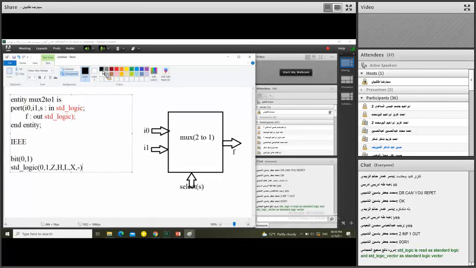Maybe you ask me that these values, for example, high, low, X, and don't care, are not in real world. Yes, really they are not in real world, but they can help us in our simulations. Then it can be better for us if we have different simulations that use standard logic in our description and in our simulation. Do you understand?